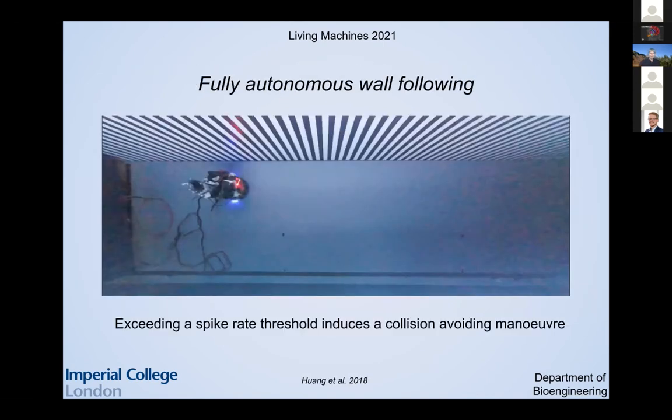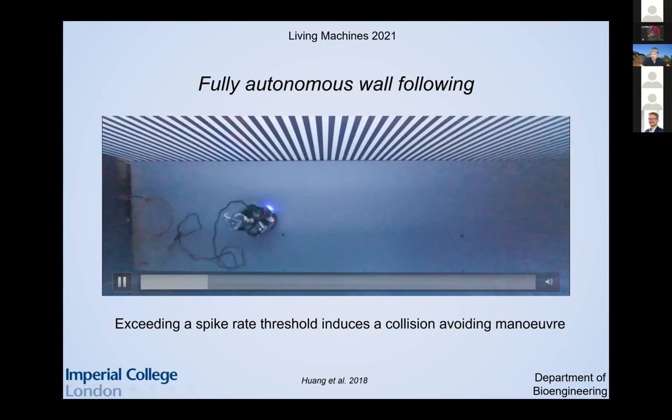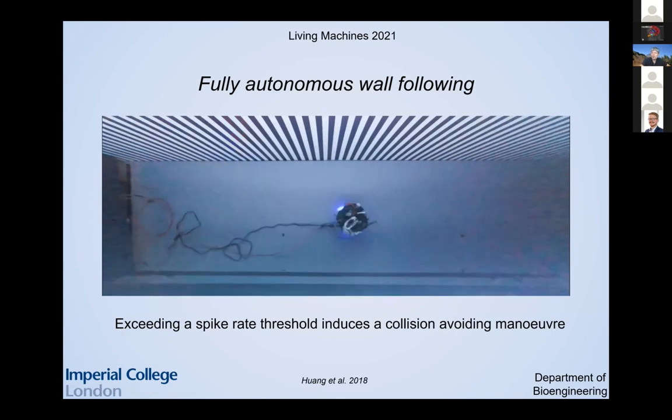Well, we did in a slightly more modern version of it, another experiment. There's no sound this time. Now, the way it works in this one here is, again, an oscillatory movement, but there's a bias of the fly-robot interface towards the wall. And whenever it gets too close and a threshold activity is reached, it turns away and avoids a collision.